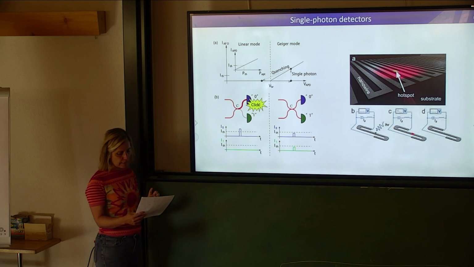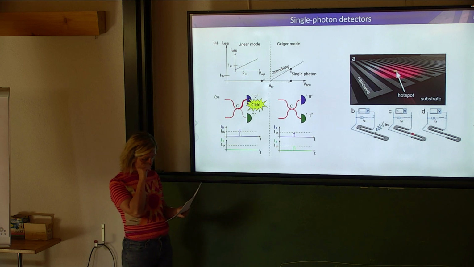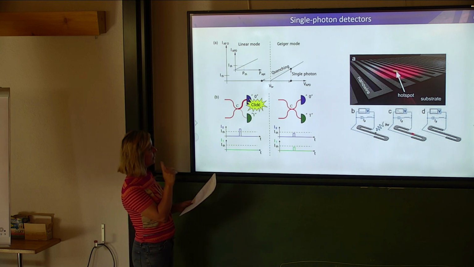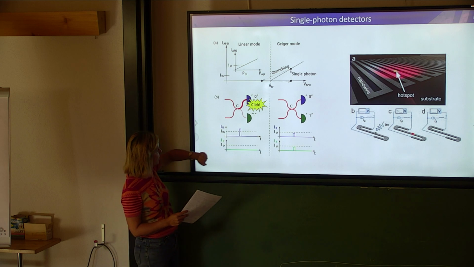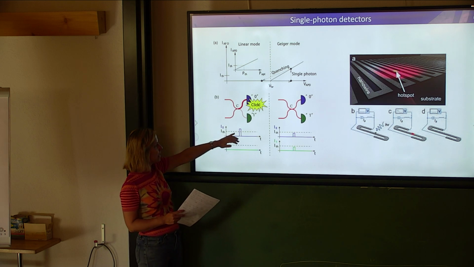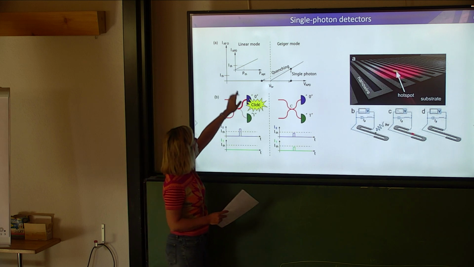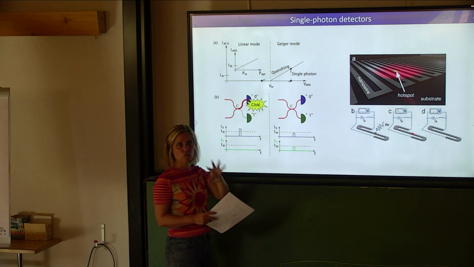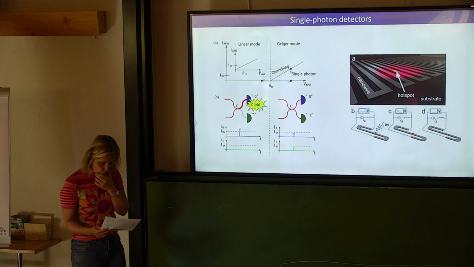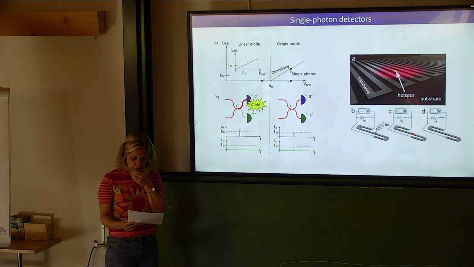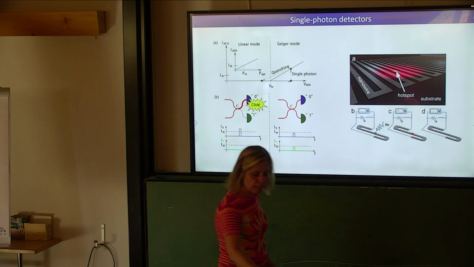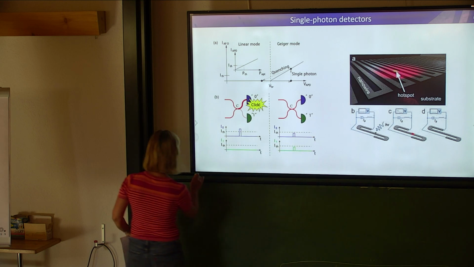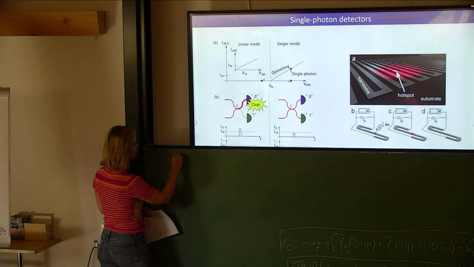And then Eve wants the current of her signal, of this strong signal, to be above the threshold level. The threshold level is the one that allows it to go into this avalanche mode, this Geiger mode of the semiconductor. So you want the current of Eve to be bigger than this threshold.